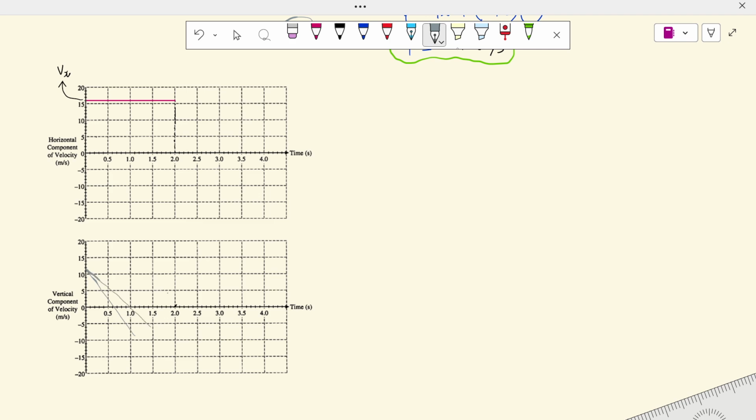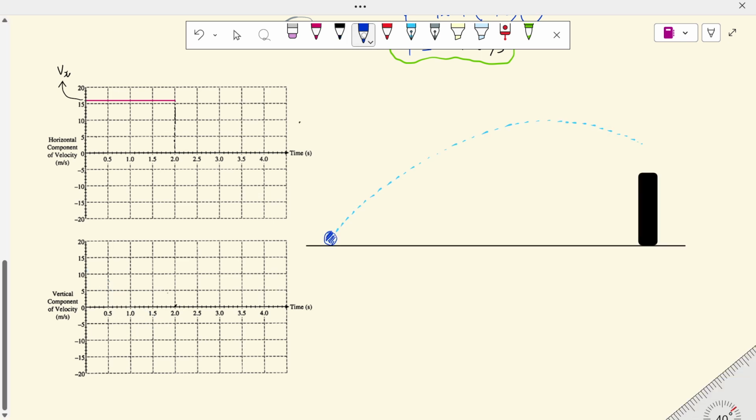But how will you know from which point it will actually pass? What will be its x-intercept? At what time will its velocity become zero? We know that at 2 seconds, the ball is over the fence and its vertical component of velocity is negative 7.6.